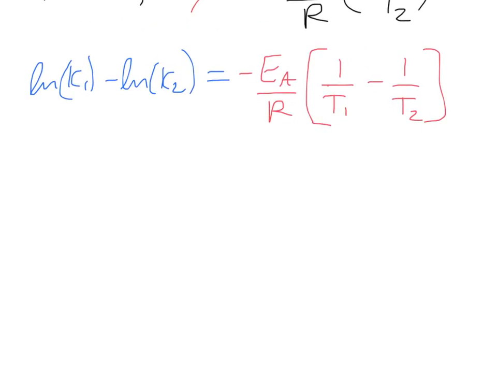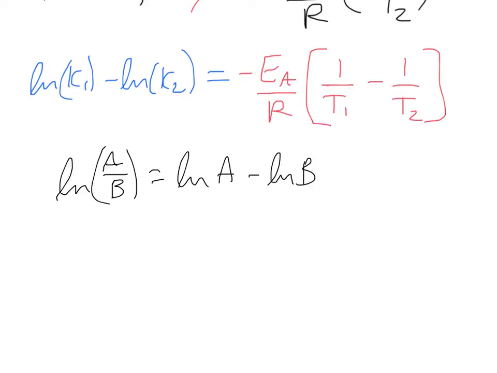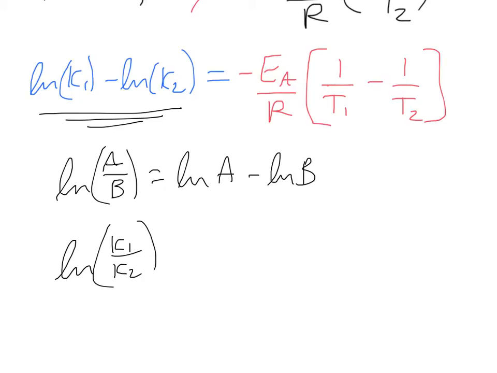All right, properties of logs. We know that log of A over B is equal to log A minus log B. And so that means up here, where we've got the log of one thing minus the log of the other, we can rewrite that. We can recognize that that's just the natural log of k1 over k2. Okay, I don't think the right-hand side we can do too much cleaning up with. Maybe we can actually.